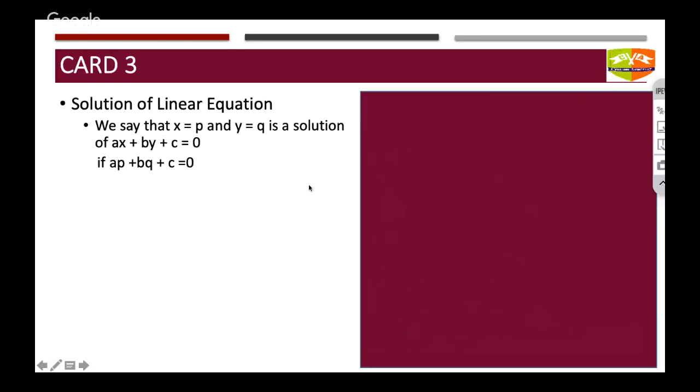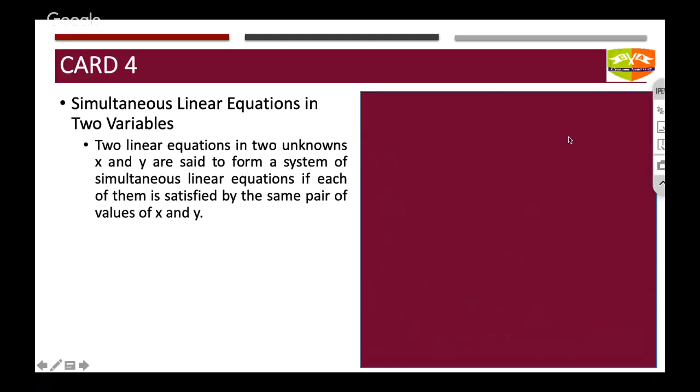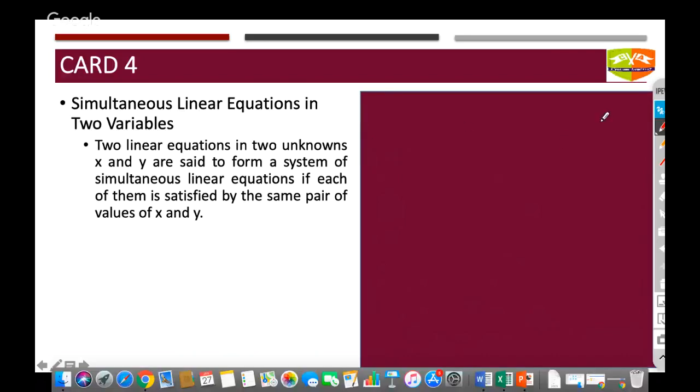Now let me go to the next topic, which is simultaneous linear equations in two variables. So what do I mean by simultaneous linear equations in two variables? Here I'll have a pair of linear equations, and that pair would be represented as a1x plus b1y is equal to c1. This is my first linear equation, and the second would be a2x plus b2y is equal to c2.